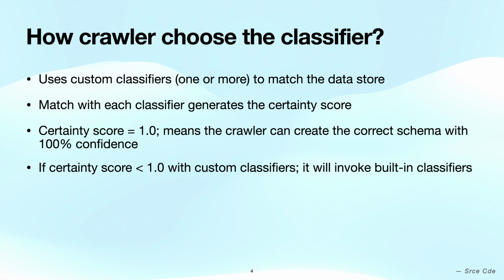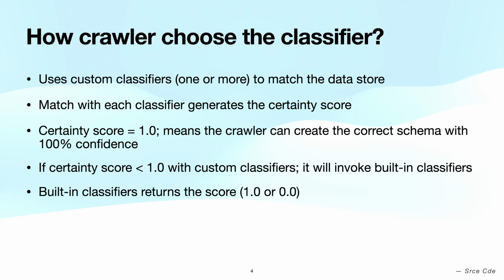In that case, AWS Glue will start the matching using built-in classifiers. Now built-in classifier match will either return a certainty score of 1.0 if there is a match, else it will return a certainty score of 0.0 if the format does not match. Now let's say none of the custom or built-in classifiers returned 1.0 as a certainty score.